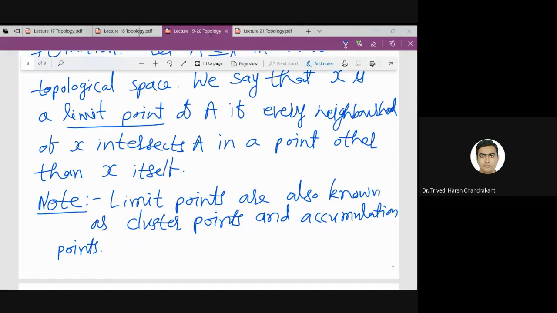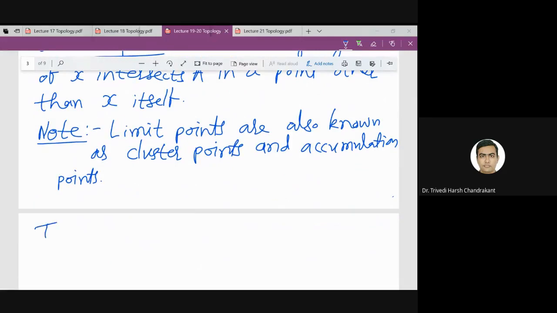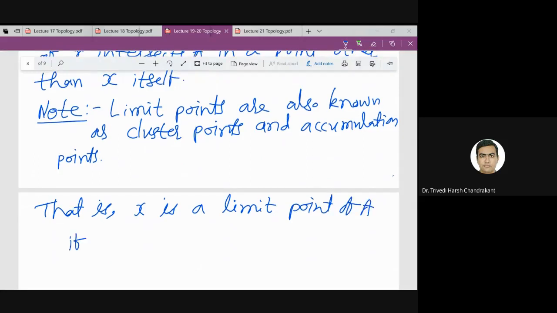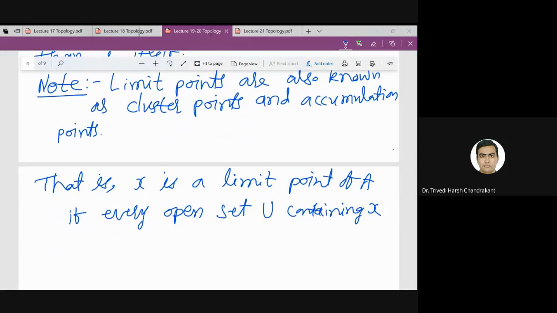Whatever condition is given here, that every neighborhood intersects A in a point other than X, is the same as: X is a limit point of A if every open set U containing X intersects A in a point other than X. So that means it intersects A minus X basically.